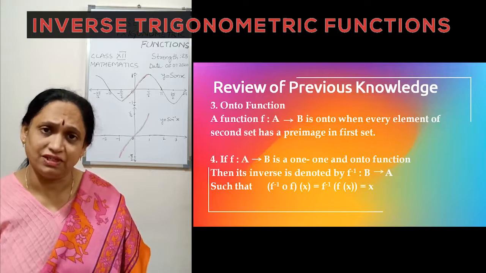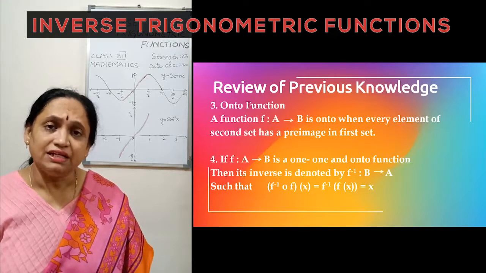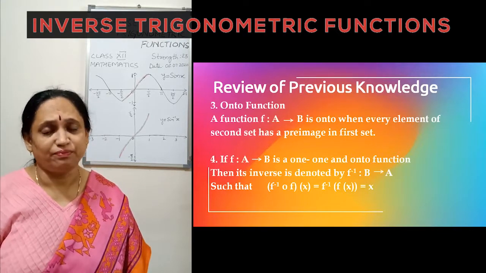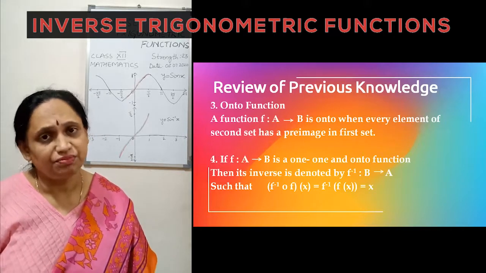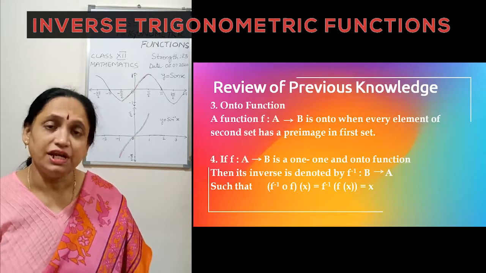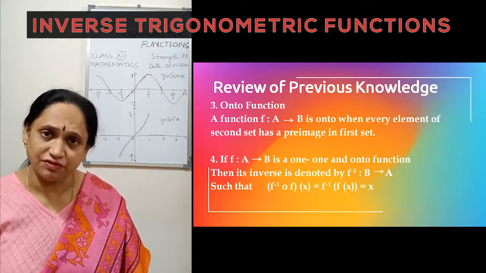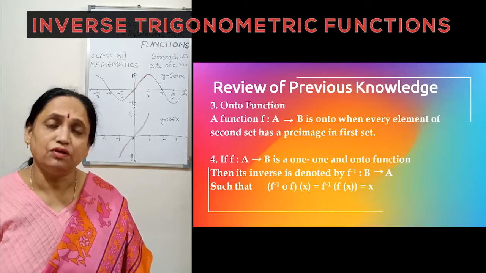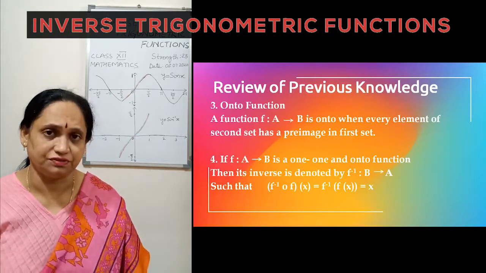So if a function f maps A to B and is 1-1 and onto, its inverse is denoted by f inverse, and the domain and range of the function interchange, and hence f inverse will be mapping from B to A. The composition of these two functions would always give us an identity function.